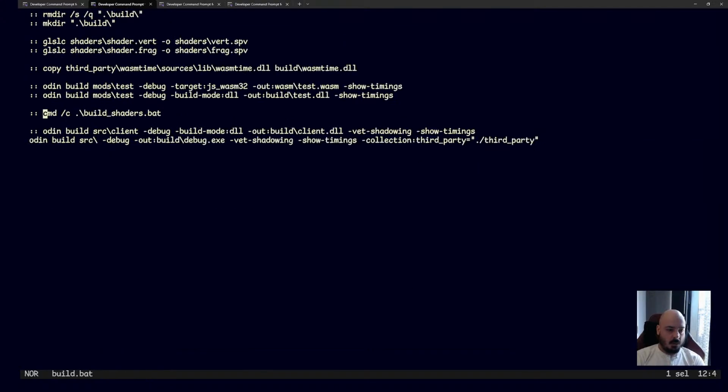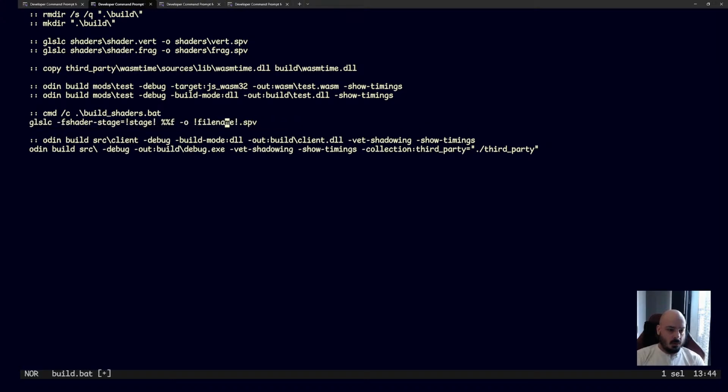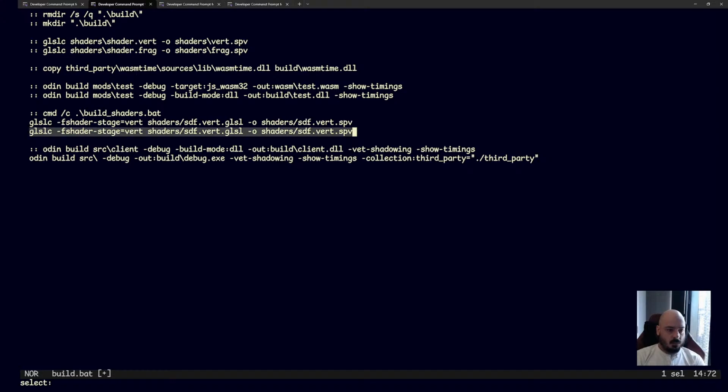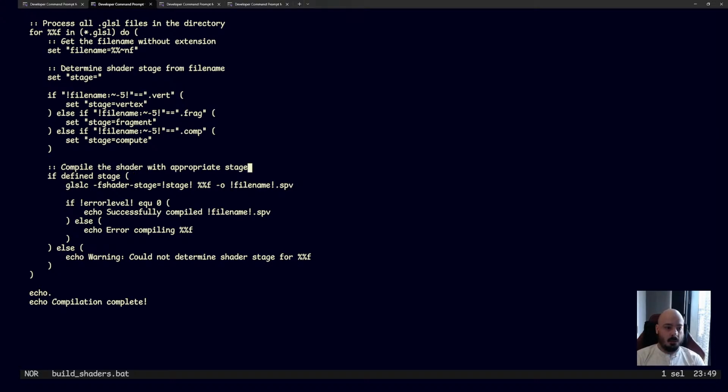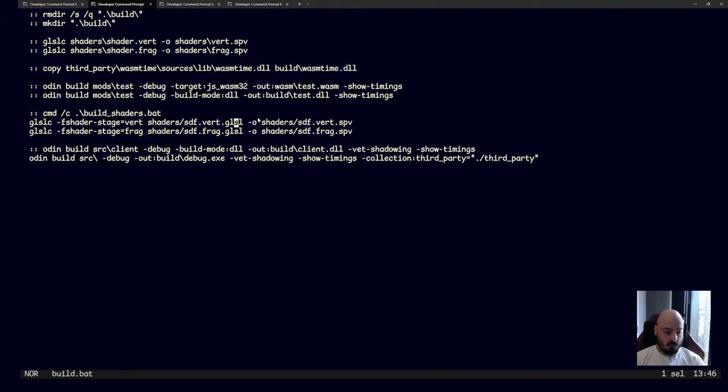Where is it? Shaders / SDF. What I should do is set up a script to check if it's been modified, and only recompile if it's been modified.